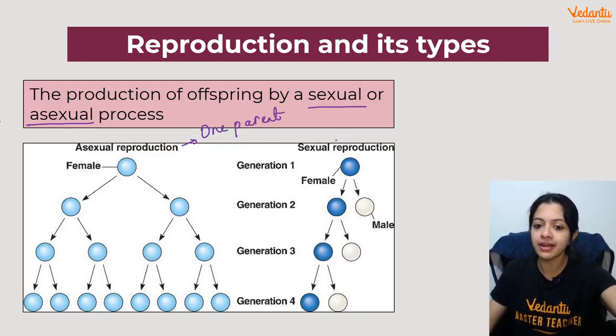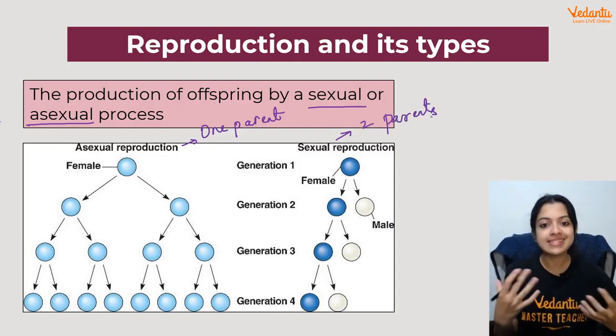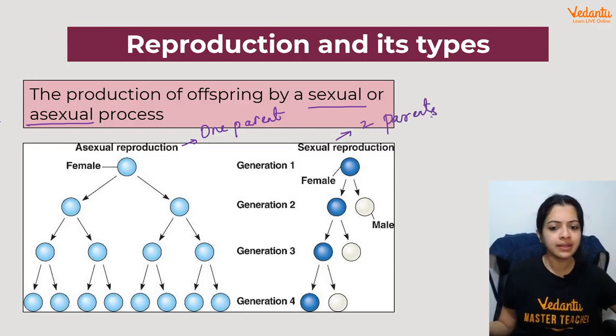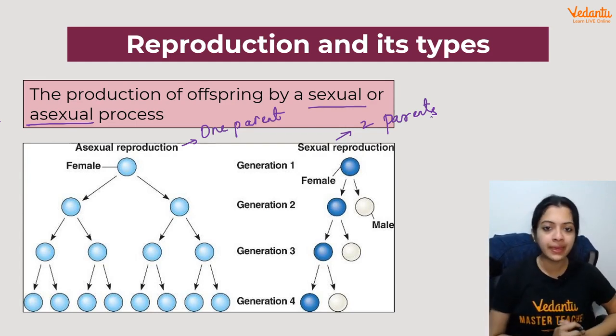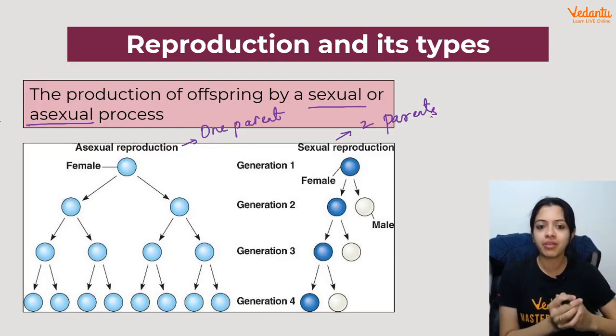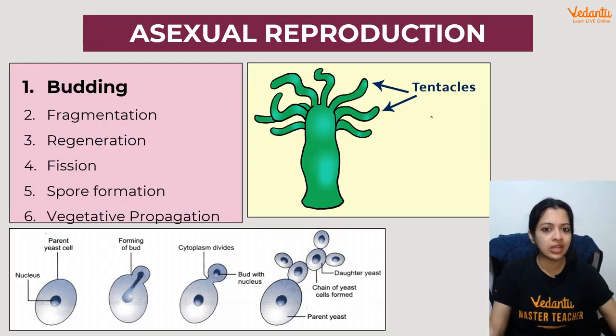And sexual reproduction is that in which two parents are involved, usually both producing different kinds of gametes, for example, the ova in the females and the sperm in the males. These are the differences between asexual and sexual reproduction.